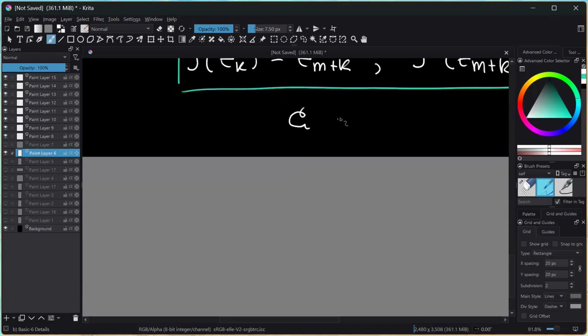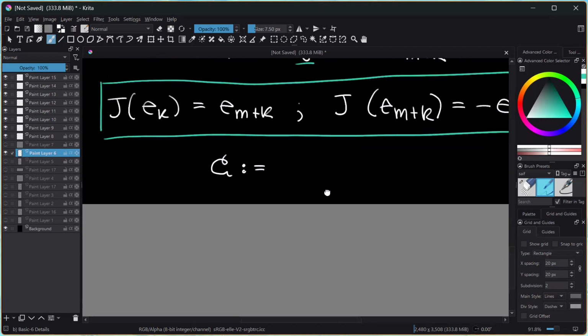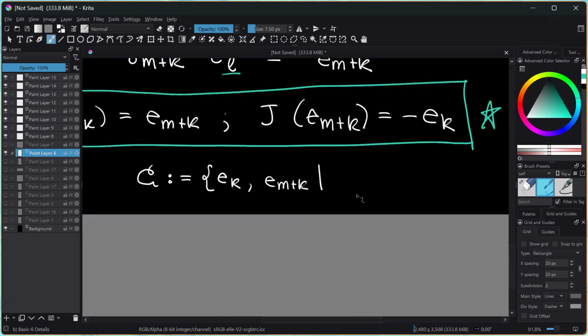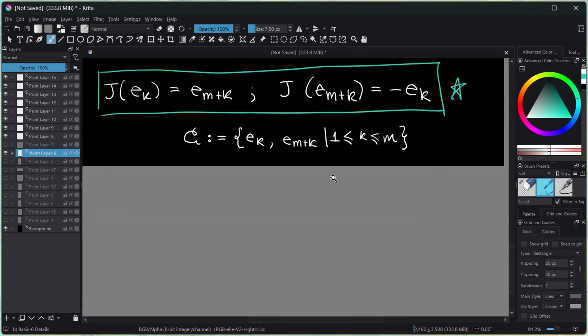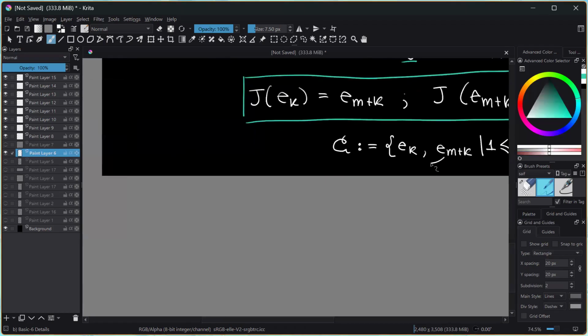C, little curly C. This is our new vector basis, very similar, EK, EM plus K, where 1 is less than or equal to K is less than or equal to M. And you can also write this as, I'm going to write it here. You can write this element as J of EK.